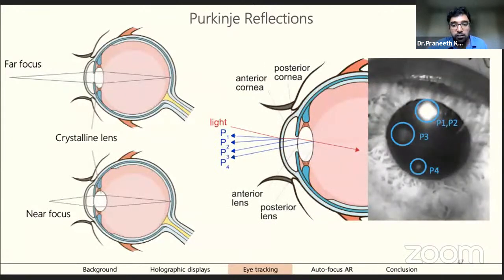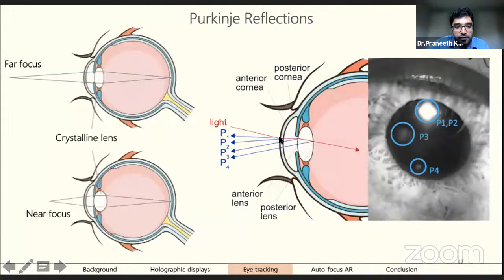But here, one of the good things happens. Fortunately or unfortunately, our eyes are one of the most imperfect optical systems that you can ever find. The optics is not very efficient. The lenses and the cornea do not have 100% transmission. There's always some portion of light that is reflected at every interface. So let's say there's a light ray entering the eye.